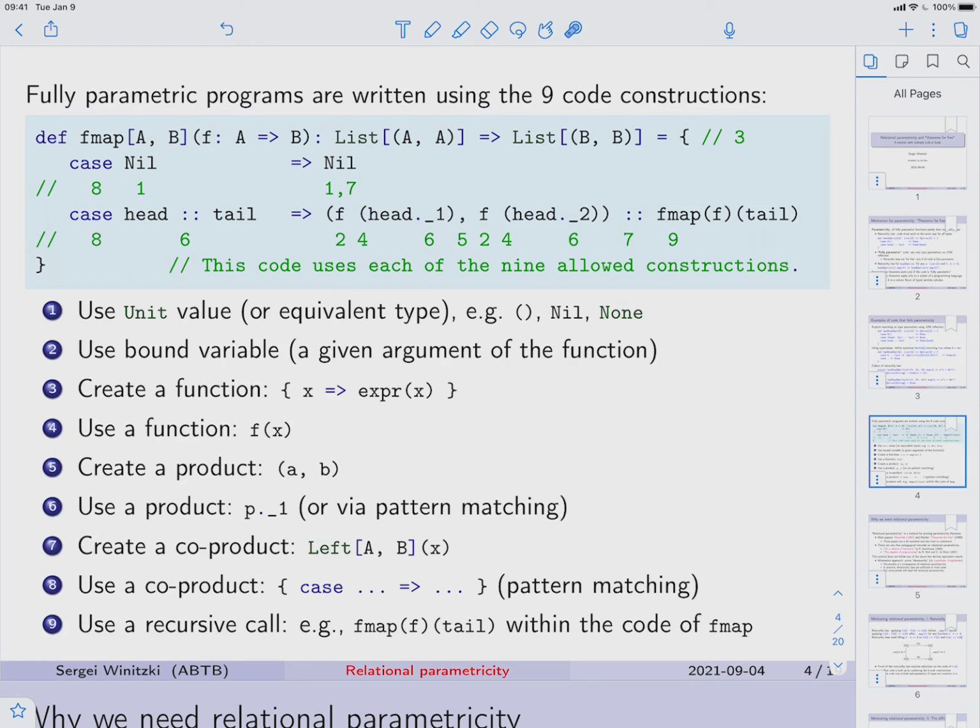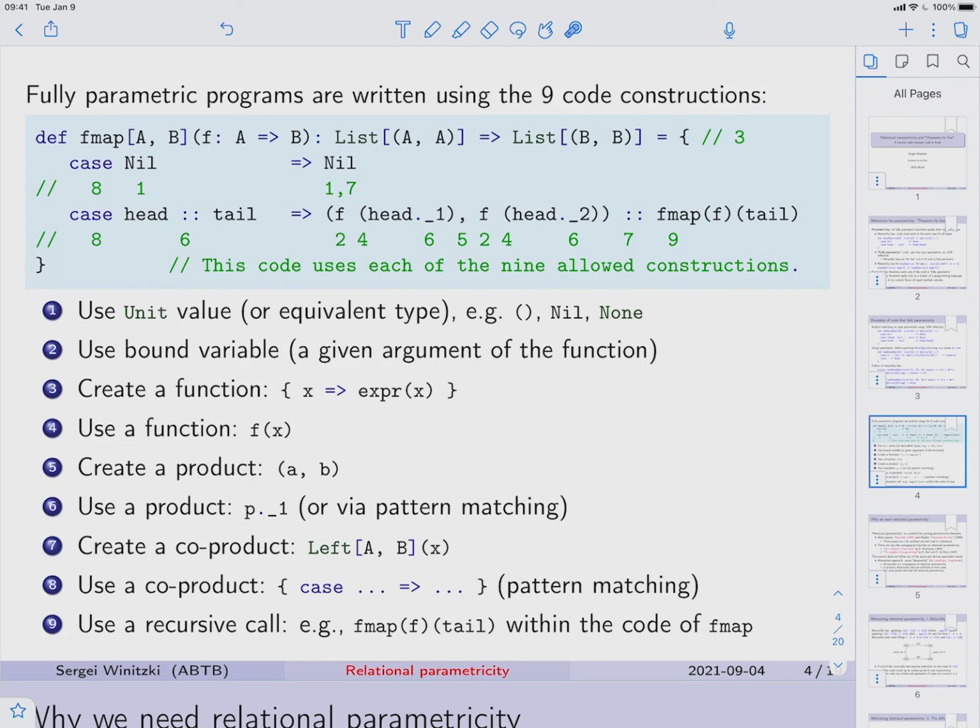And I annotated here the constructions that are being used in each place of the code. So for example, when you write in Scala this syntax, the curly braces with case, that means you're creating a function. So that's construction number 3. And then the case itself is the pattern matching that uses a coproduct value, which is the list. So the list is a recursive data type defined using a coproduct.